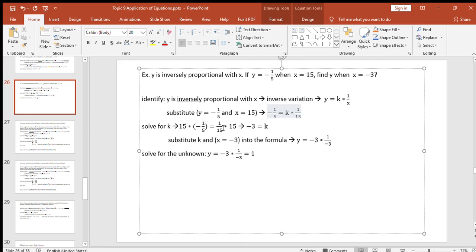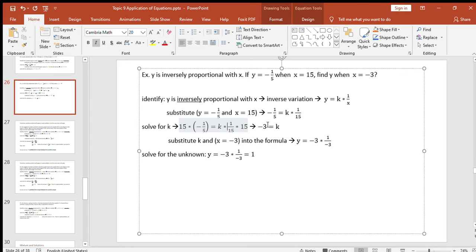To do that, I say multiply both sides by 15. This becomes 1, so you're left with k on your right hand side. Since we multiply this side by 15, 15 times negative 1 over 5 is negative 3.